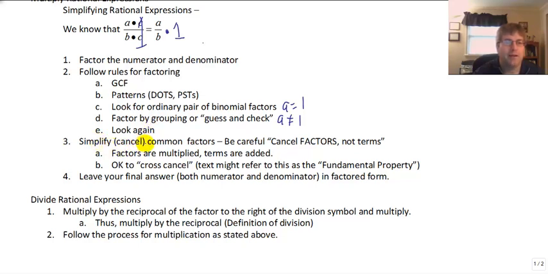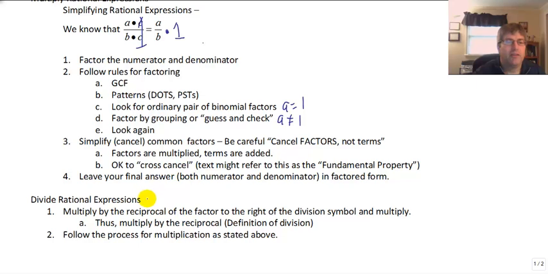Apply the fundamental property, cancel common factors. Be careful to cancel factors and not terms, and we will be cross-canceling here, and that is okay to do. And then you will leave your final answer, both numerator and denominator, in factored form, so we will not re-multiply back at the end.